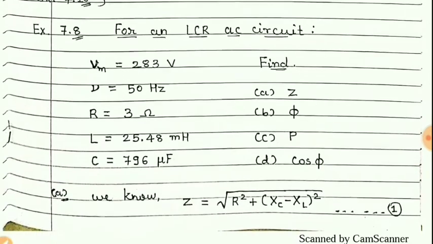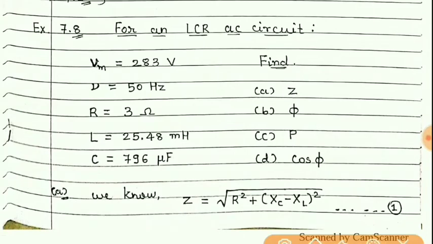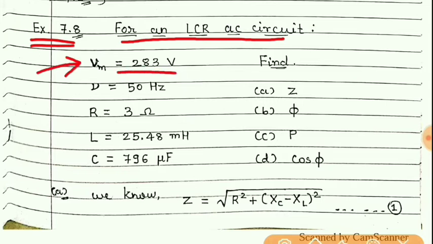Now let us start example number 7.8. Given an LCR AC circuit, the peak value of voltage is 283 volt. Frequency of AC is 50 Hz. Resistor value is 3 ohm.